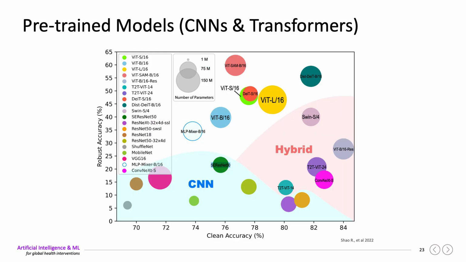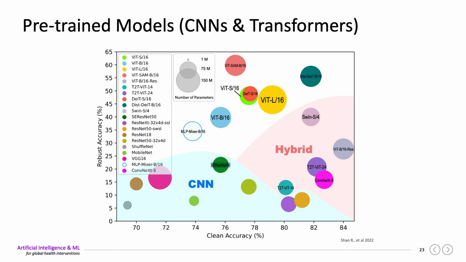This slide focuses specifically on the robustness of transformers versus CNNs, from Xiao and colleagues in 2022. The horizontal axis is clean accuracy, and the vertical axis is robust accuracy, meaning accuracy under adversarial perturbation, with bubble size indicating parameter count. The plot is divided into a CNN region in blue and a hybrid region in pink, and it shows many models including ViT-S, ViT-B, ViT-L, ViTs-AMB, DeiT, Swin, T2T-ViT, ConvNeXt, SE-ResNet 50, and MLP-Mixer.